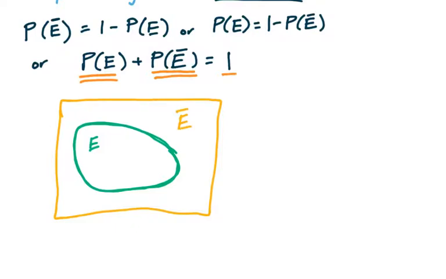So notice together these make up the entire sample space. And so their probabilities must add up to a total of 1 because E and E bar combined together, that is the set of all outcomes in our total sample space.